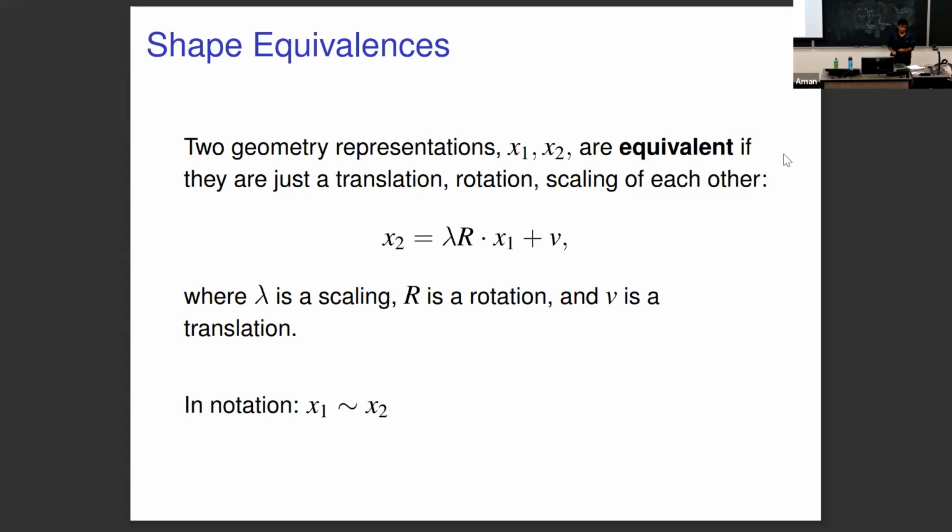Now imagine that we have all equivalent geometries as an equivalence class, right? So let me define what an equivalence class is. Okay, so a box around x. Now you can see that there are multiple shapes that could be equivalent to the same shape, and we only want unique shapes in our space.